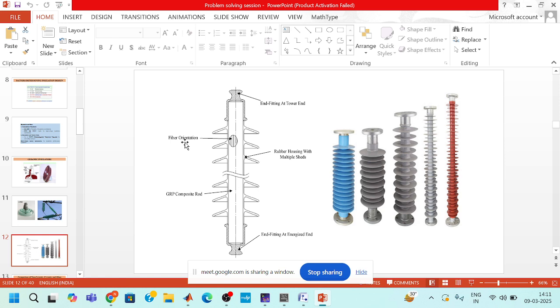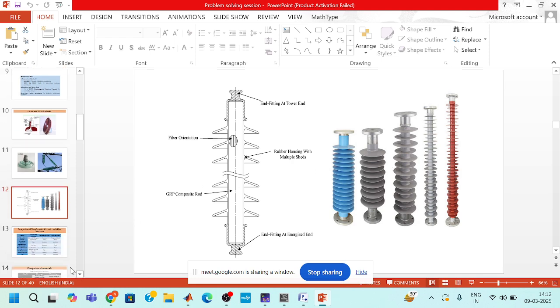There are also fiber orientations, rubber housing, and a GRP composite rod. This is the inside structure, and this is the clear picture of how it actually looks. This is the polymer insulator.